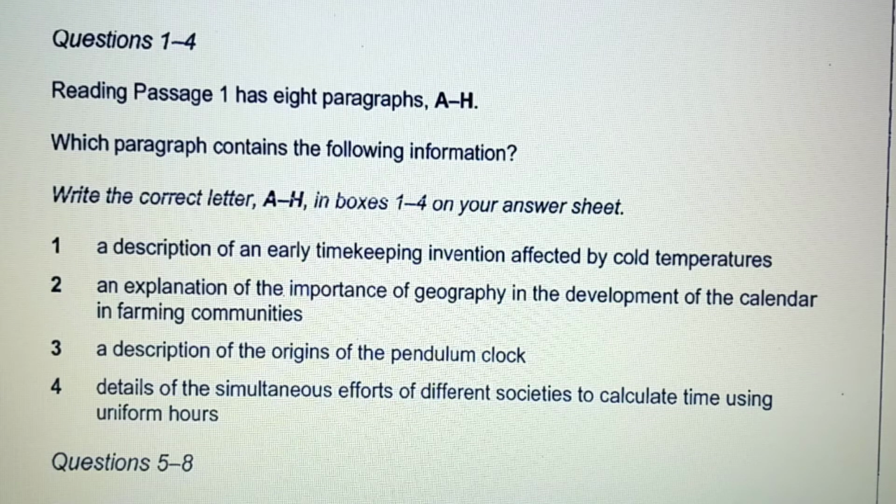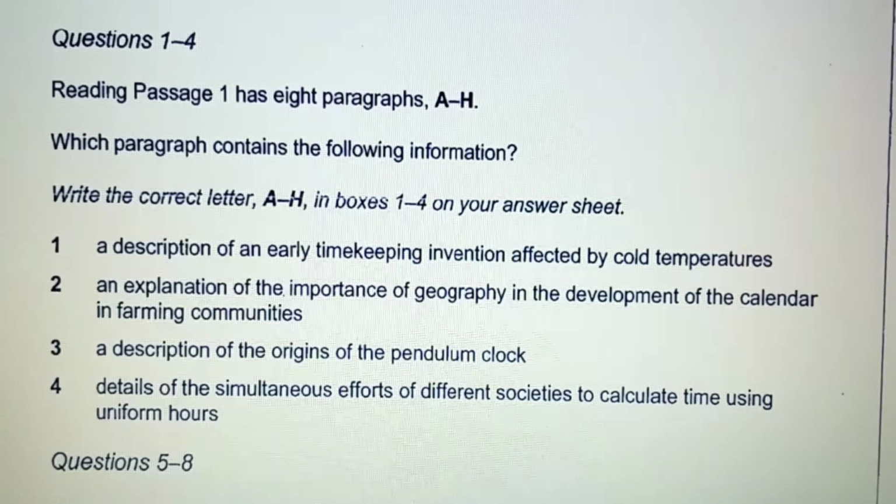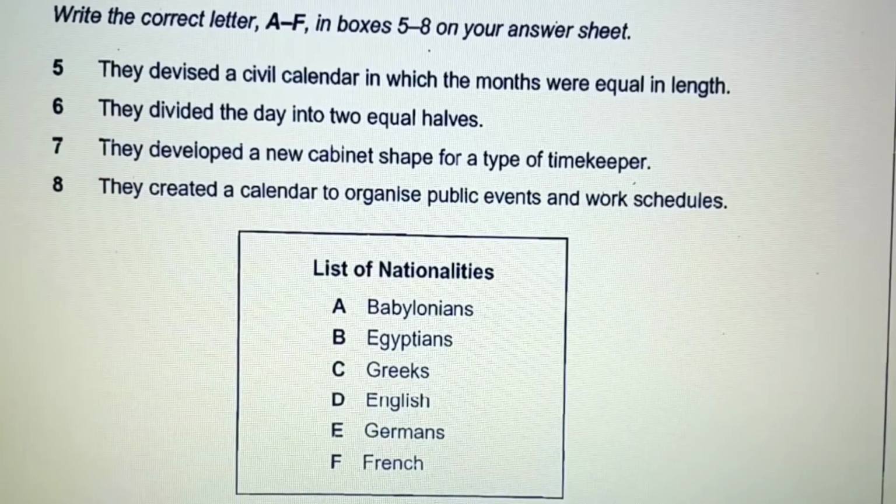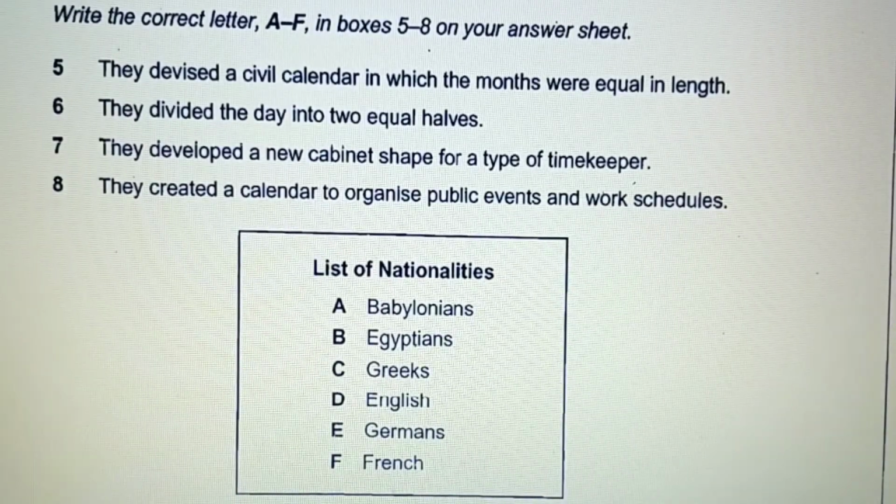So moving on, guys, we're just going to be addressing this now. I chose this particular passage and question because it addresses two types of information matching question type. This one is matching paragraphs: which paragraphs contain the following information? Questions 1 to 4 are about matching information to paragraphs.